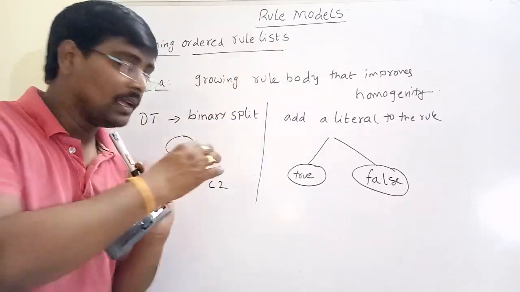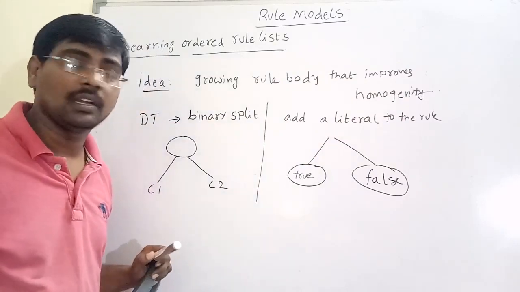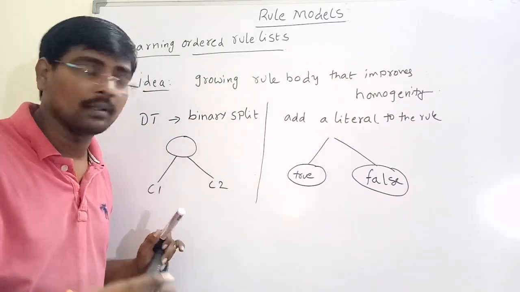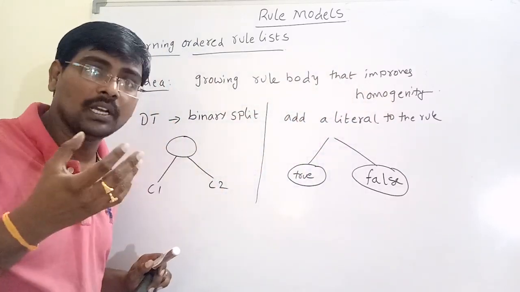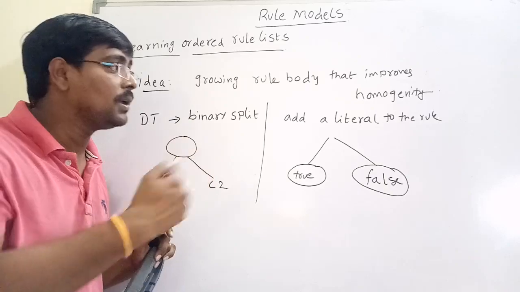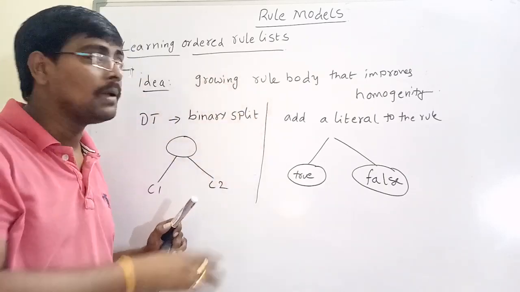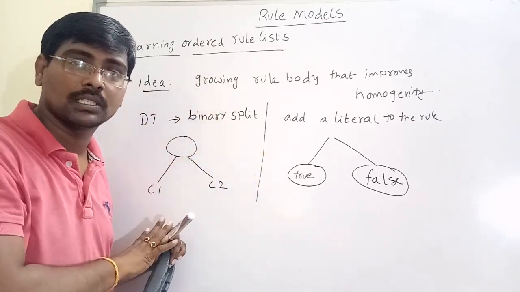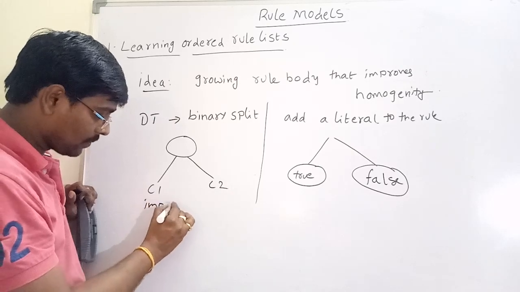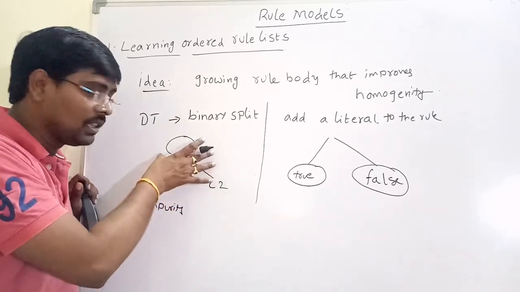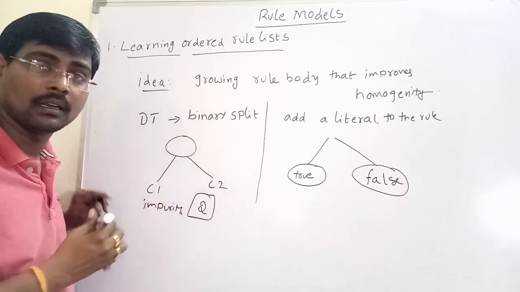Suppose we are talking about the term homogeneity. Homogeneity means simply purity. It is measured similar to decision trees. That is, homogeneity is measured by using entropy, or Gini index, or minority class. The measurements are completely the same because all of these come under logical models. If you want to find the impurity in a decision tree, we have to consider both the children.